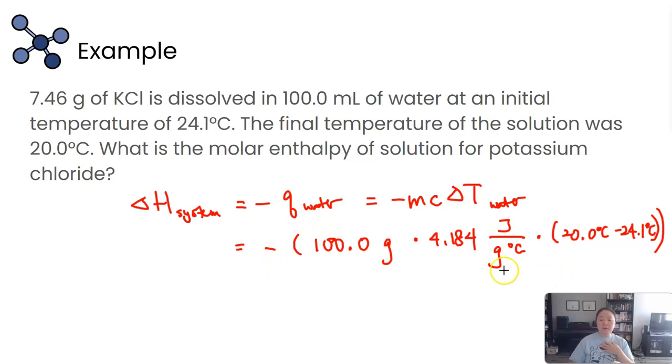And so when we set everything up, we have the mass of our water, we're going to multiply it by the specific heat capacity of water, and then for a temperature change, we're going to take the final temperature and subtract the initial temperature. Now, this is one of the very few situations in chemistry where you're not going to change the temperature into kelvins.